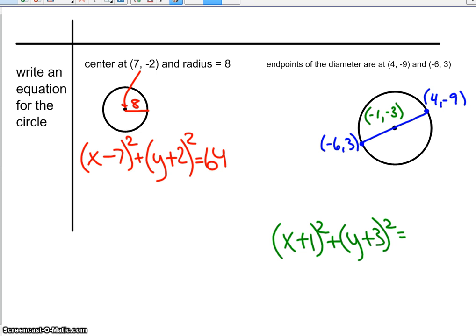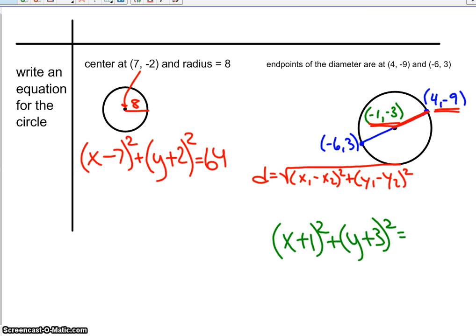Now, to get your radius, you're going to need your distance formula. Oops, sorry. It's minus, so think in the midpoint formula. What you're going to do is pick two of the points. Obviously, you want the center and then one of the points on your diameter.